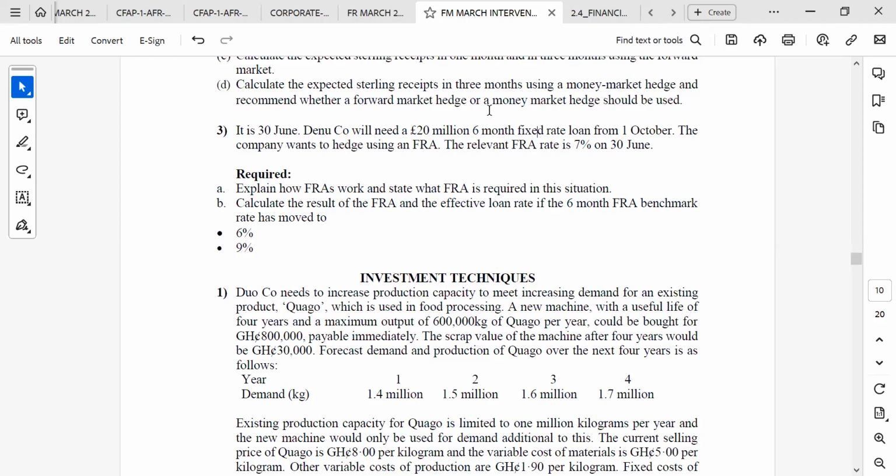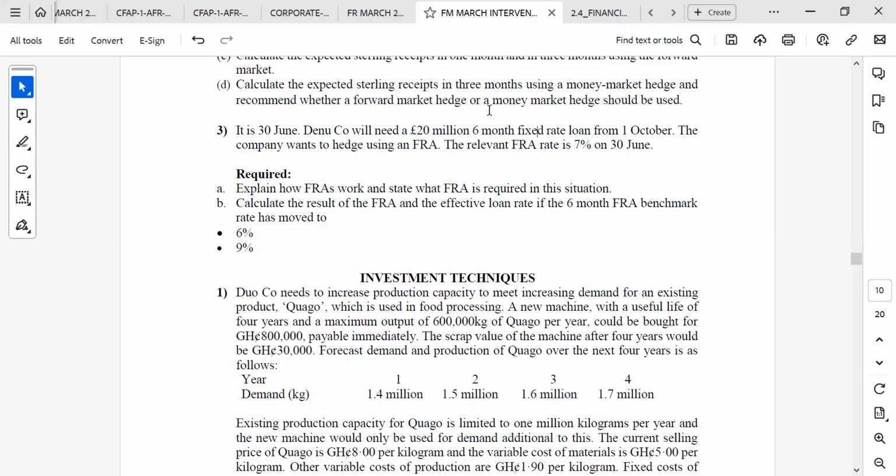All right. So this is interest rate risk. The company will be needing 20 million in 6 months from October. The company wants to hedge using the forward rate arrangement, which works like the forward contract.